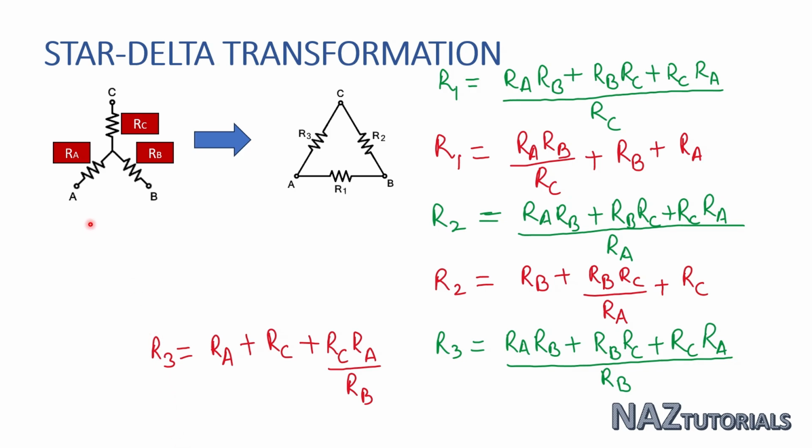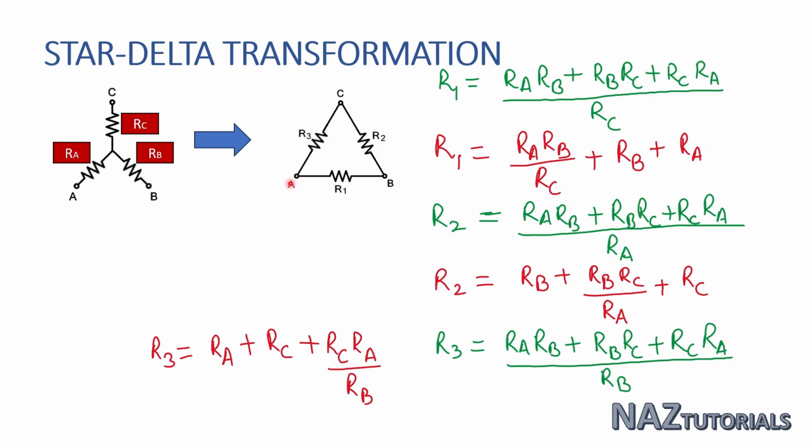Now see the formula for star to delta transformation. Points A, B and C are making star and delta. Our star resistances are RA, RB and RC, and transformed delta resistances are R1, R2 and R3. Now let's see the values.